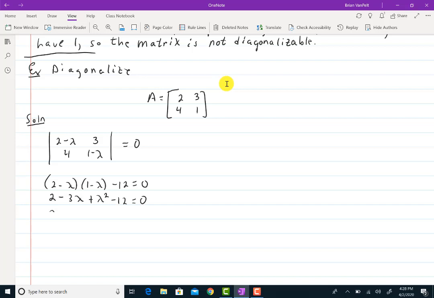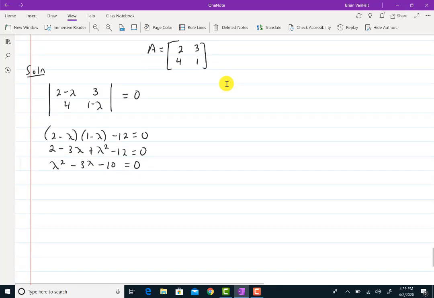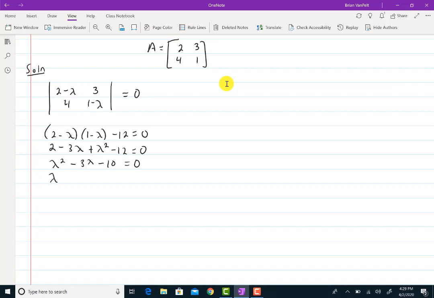And so I'm going to rewrite it as lambda squared minus 3 lambda minus 10. And that's nice because it factors, so I have lambda minus 5 times lambda plus 2 equals 0. So my lambdas will be 5 and negative 2. So those are my eigenvalues.